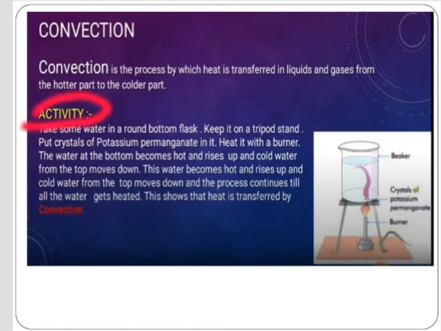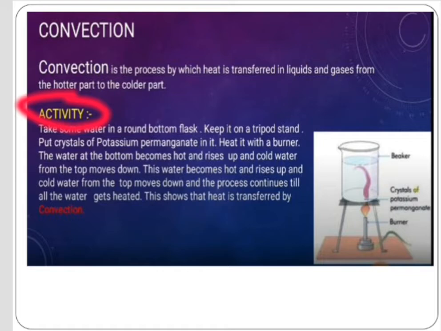Next, activity. Take some water in a round bottom flask. Keep it on a tripod stand. Put a crystal of potassium permanganate in it. Heat it with a burner. The water at the bottom becomes hot and rises up, and cool water from the top moves down.